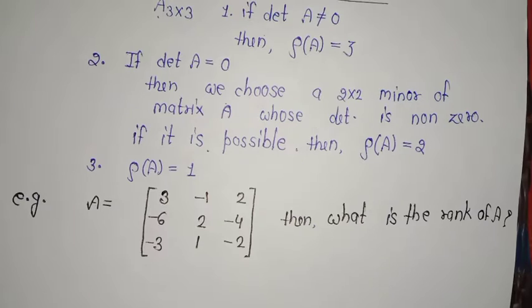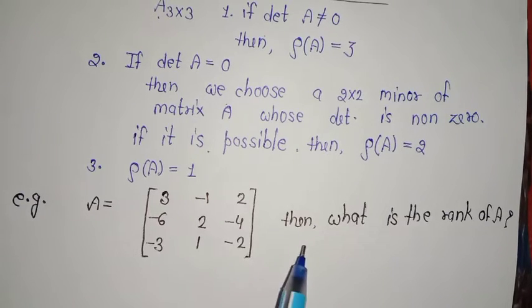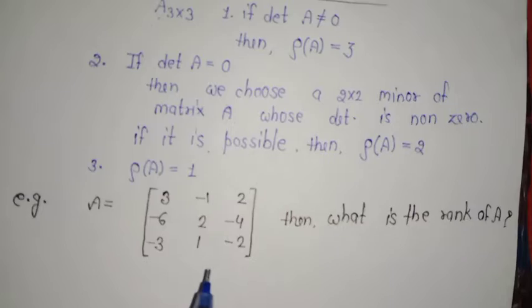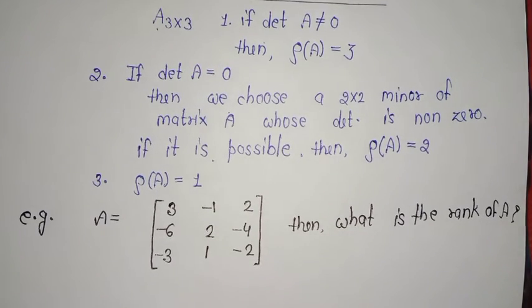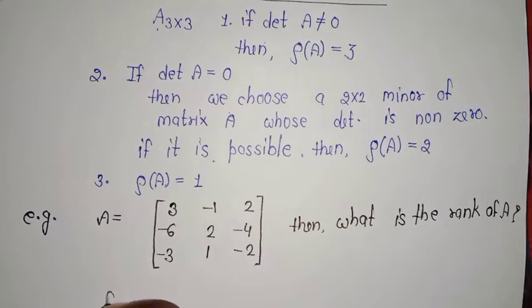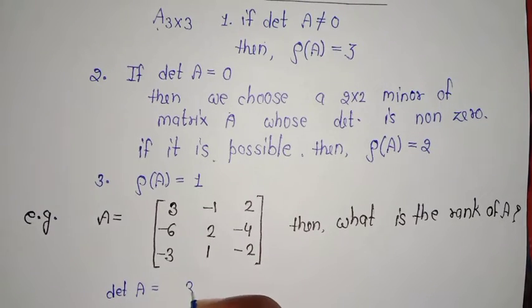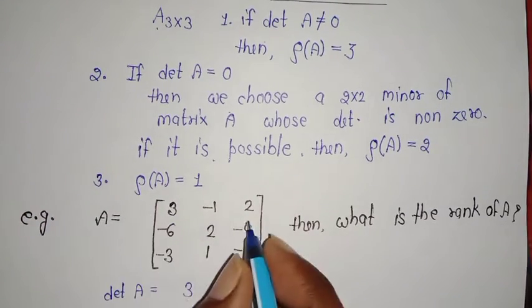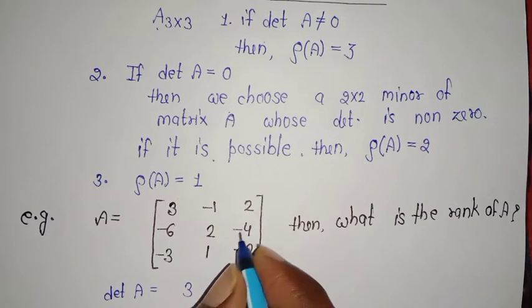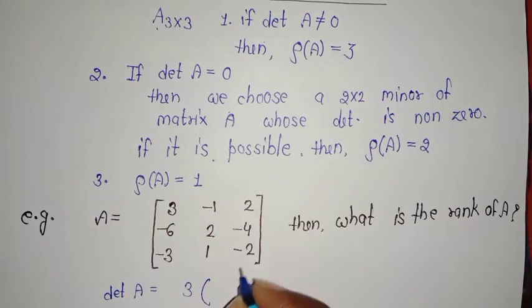So now I am taking one example to show how to find the rank of a 3 cross 3 matrix. If we find the determinant of A, firstly we take 3 and delete this row and this column and take the cross multiplication. Then we get minus 4, this becomes plus 4.